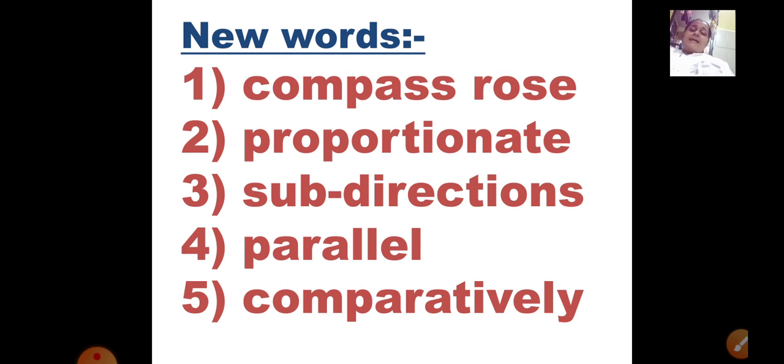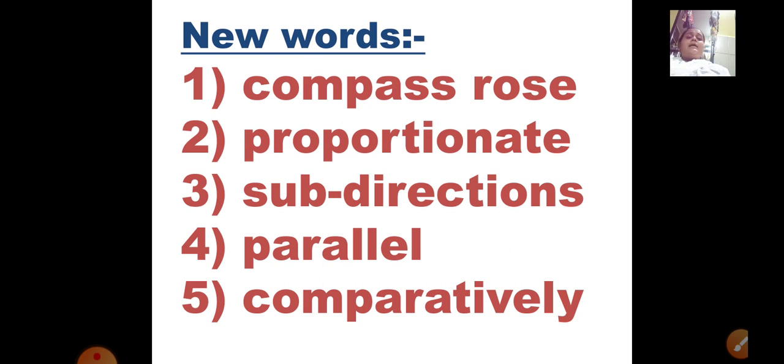Apart from the main four directions, north, south, west, east, there are four subdirections which help us to tell the exact location of a particular place. They are known as subdirections. We will learn about this later, and as we watch the video, you will come to know what subdirections are.